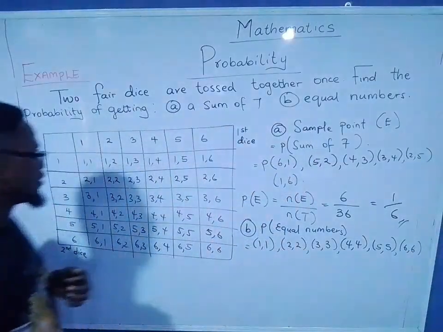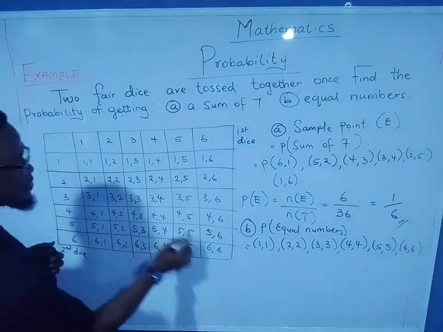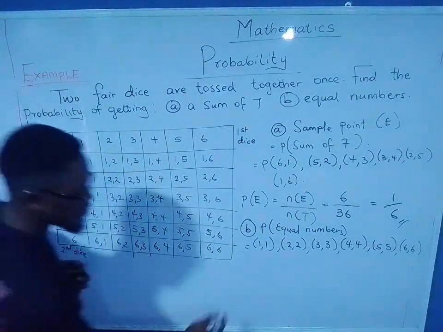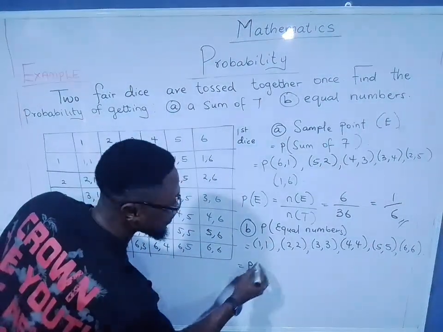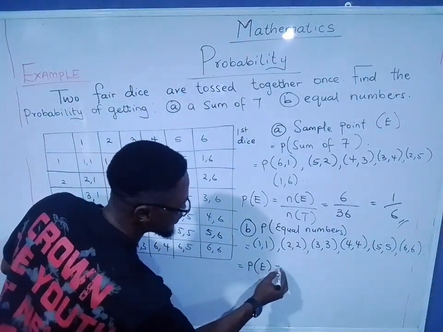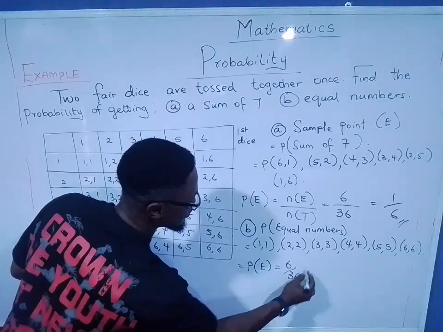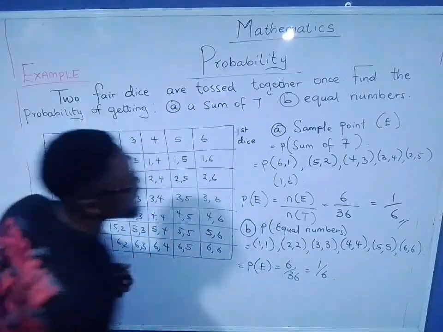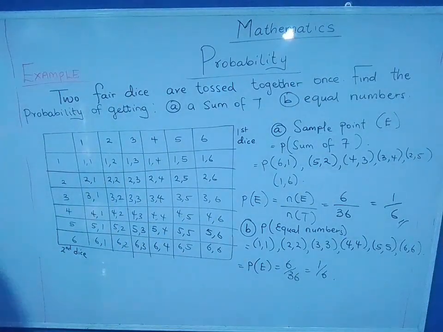So these are all the equal numbers, this line here. How many of them are there? It's still the same, 6 over 36. So the probability of getting a sum of 7 and the probability of getting equal numbers are the same. That's what it means.